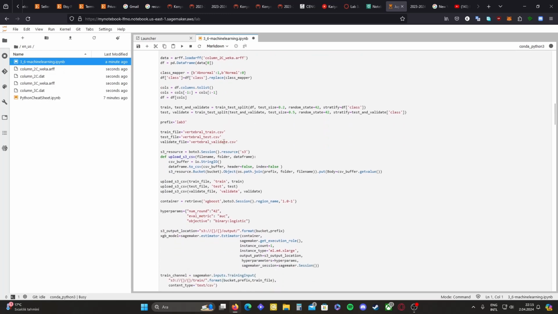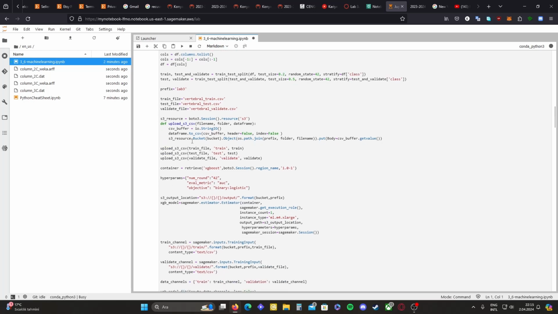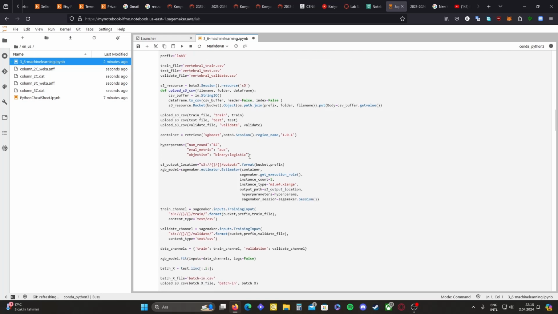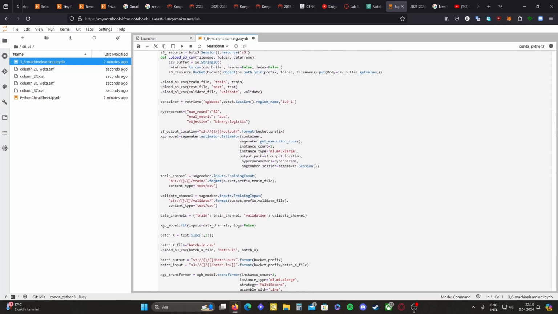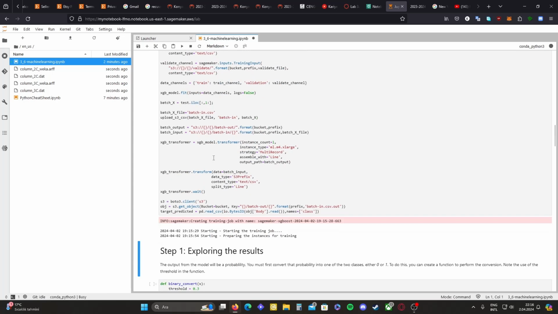We split train, test and validate in here, and we use some S3 sources here, and training the machine learning model as we did in the previous lab.